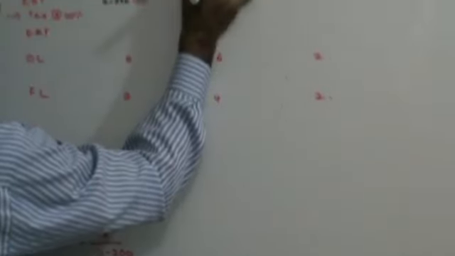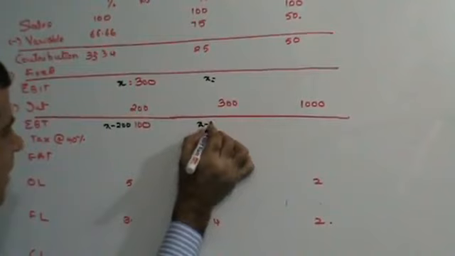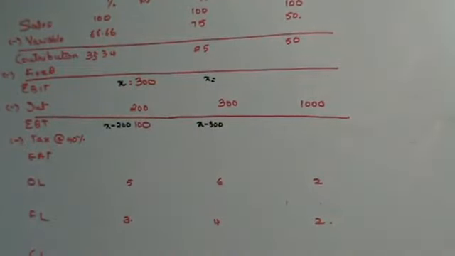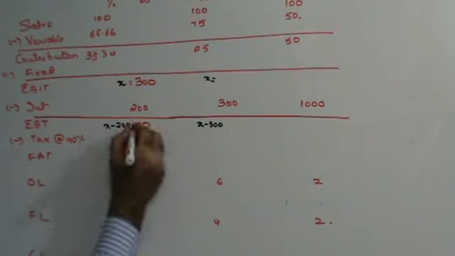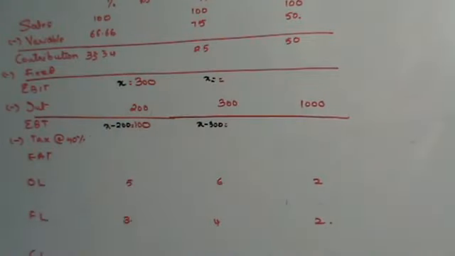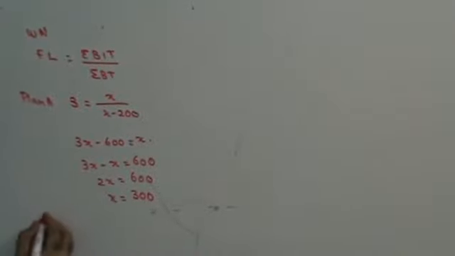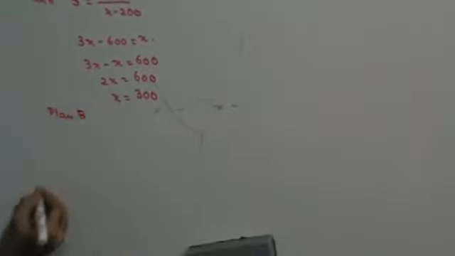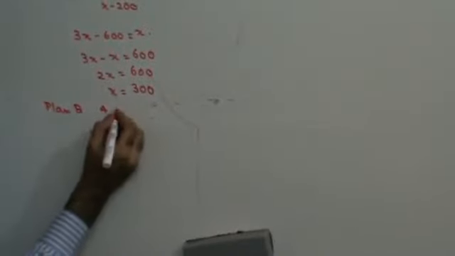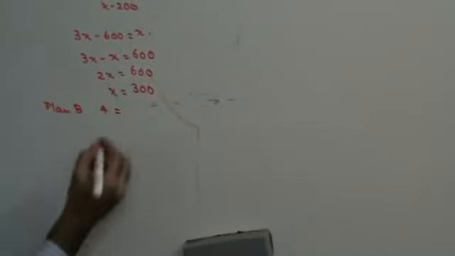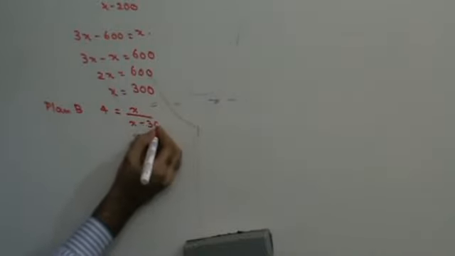Same thing I can do for plan B also. Plan B, again same logic. Assume this to be X. So in that case this will be X minus 300, right? Now for plan B, they have given you that financial leverage is 4, equal to EBIT X upon X minus 300.